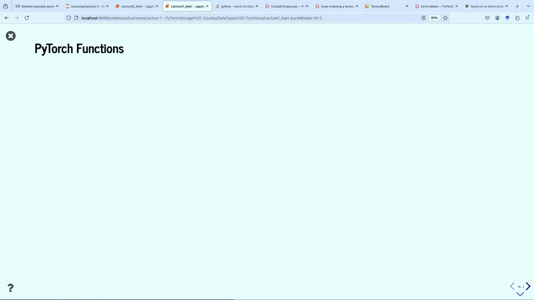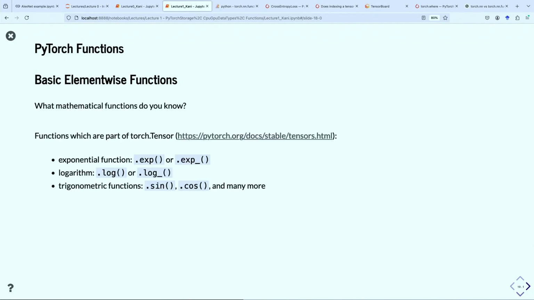Okay, so now that we've beaten that indexing horse, let's move on to PyTorch functions. We talked about functions a little bit last lecture, remember? We have all the basic mathematical functions in the tensor library, and it pretty much mirrors NumPy almost exactly.